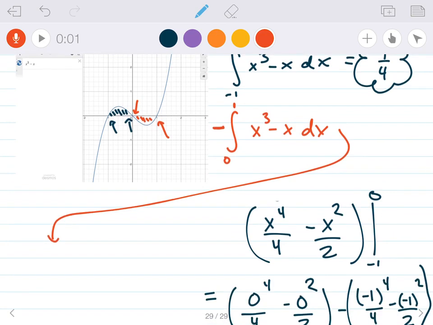Okay, so again, we have the same antiderivative as before, but this time our bounds are from 0 to 1, and we're making it negative.